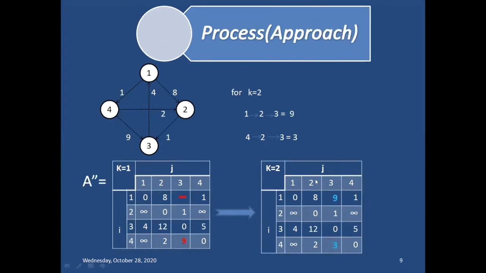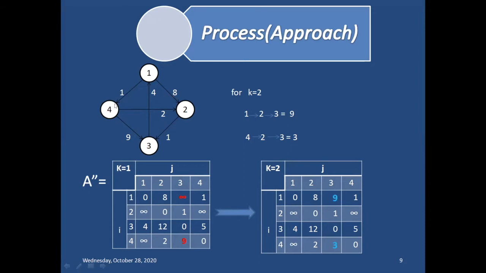Next, when k equals 2, we can go through vertices 1 and 2. So we can go from 1 to 3, and we can go from 4 to 3. When we go from 1 to 2 to 3, the distance is 8 plus 1 equals 9.